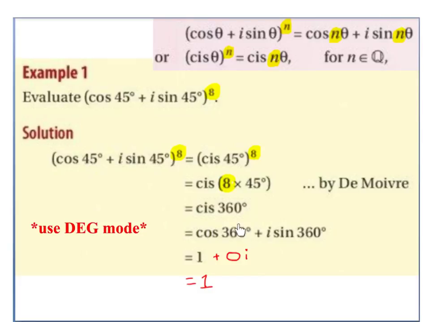Cos 360° gives us 1, and sin 360° gives us 0, so we get 0i. So the answer is actually just 1. We only have a real part in our answer. So we used De Moivre's theorem for this step here, which is stated above. And make sure that you use degree mode when you're using degrees.